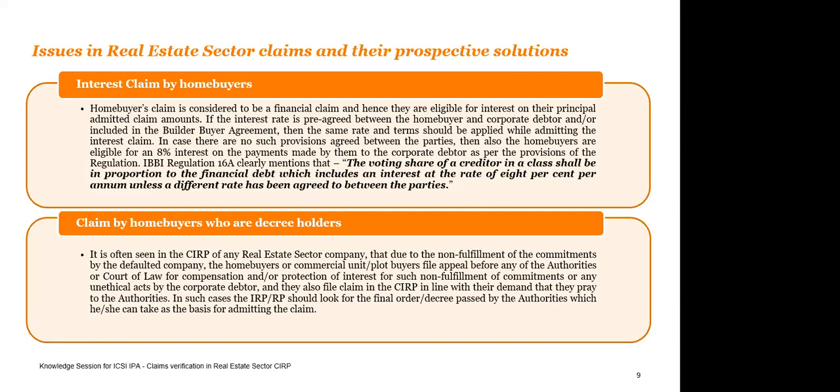But any decree which is not related to the amount paid or assistance provided by the home buyer, or not in the nature of a financial claim, may form part of other creditors, but it still holds a decree, so it should be informed to the PRAs, that means prospective resolution applicants, that these are not in the nature of a financial claim. But I completely agree with you, and it is very important to assess whether they are in the nature of a financial claim or not.